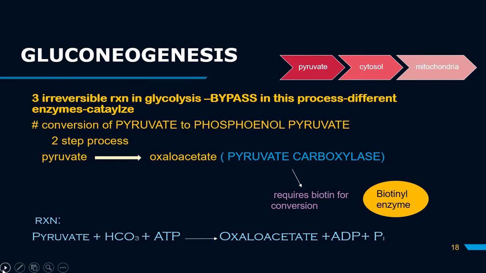So coming next to gluconeogenesis. In glycolysis we have seen the steps and the enzymes involved, the importance of the enzymes, and the fate of pyruvate and the product of pyruvate. So next we are going into gluconeogenesis. We all think that gluconeogenesis and glycolysis are reversible reactions, that it is an alternative pathway.